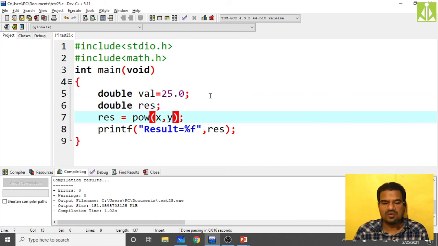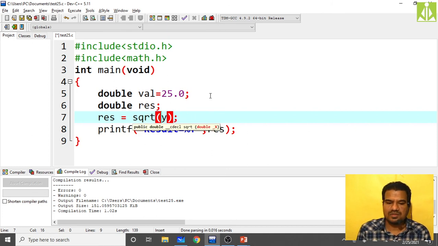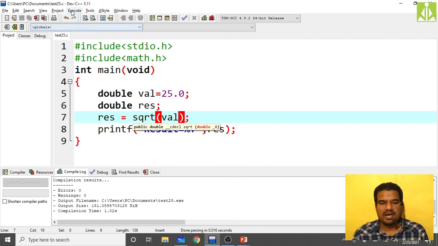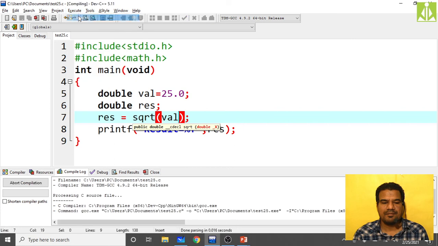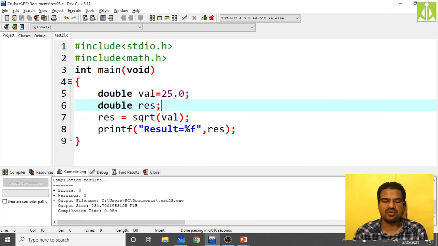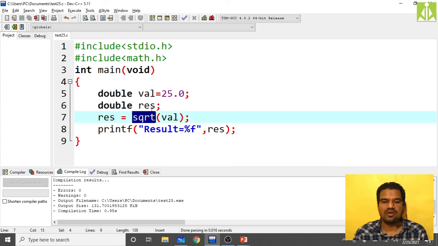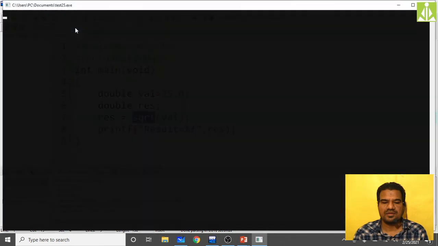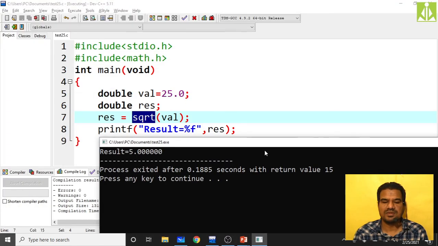It is a double value, and I am calculating here sqrt, square root of value, like this. Just save the program and compile. Hopefully it is successful. Now what result should we get? We stored 25 into value and you are calculating the square root of that 25, and you should get 5. Just see this, we got 5.000.